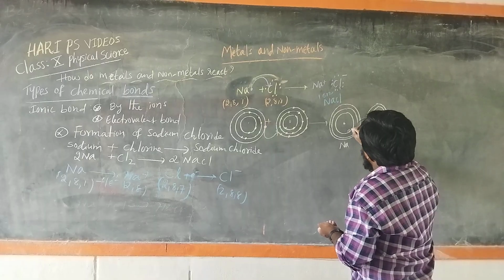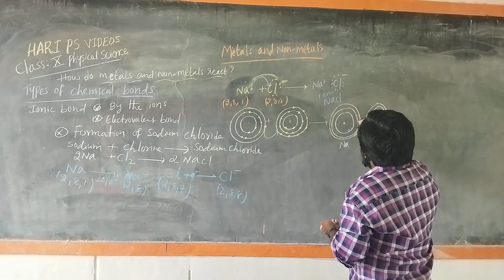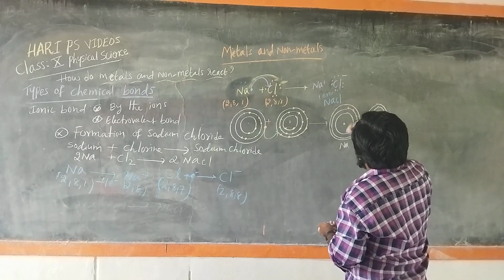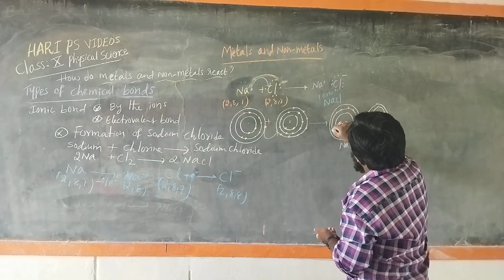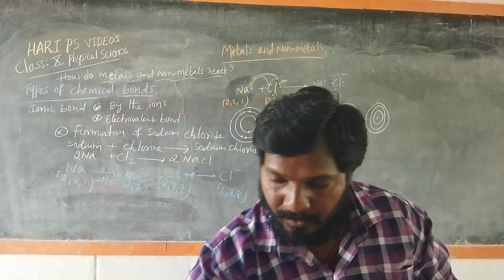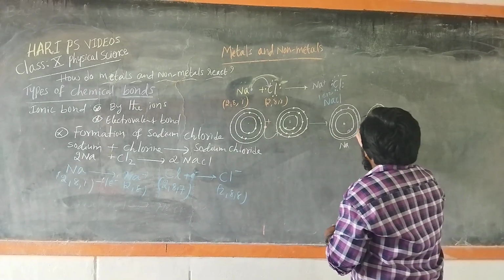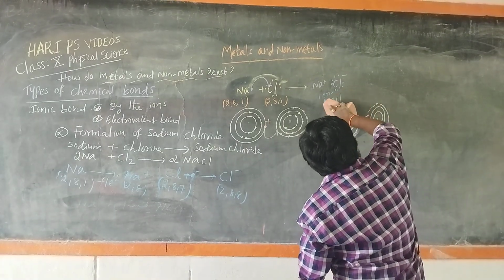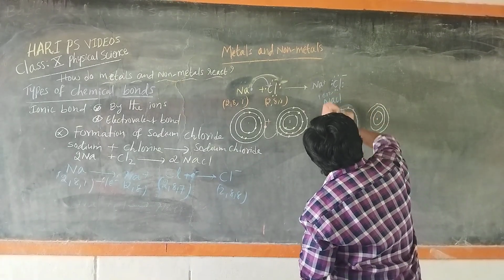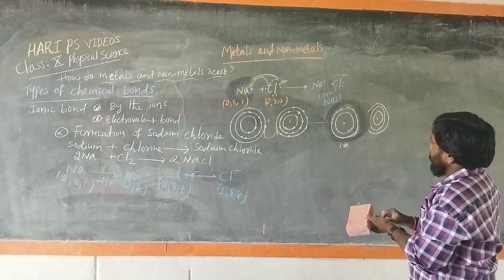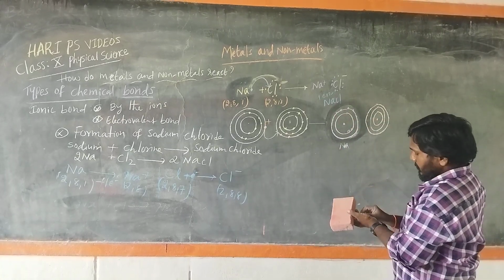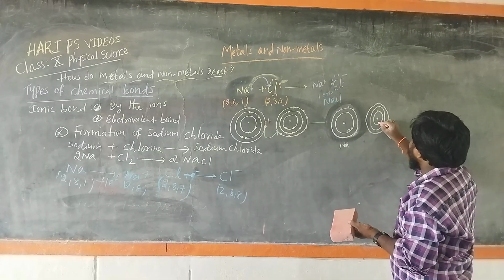Then 2 electrons, 1, 2, 3, 4, 5, 6, 7, 8 in the third orbit, because the valence shell electron has already been transferred to the chlorine, whereas chlorine has 8 electrons.